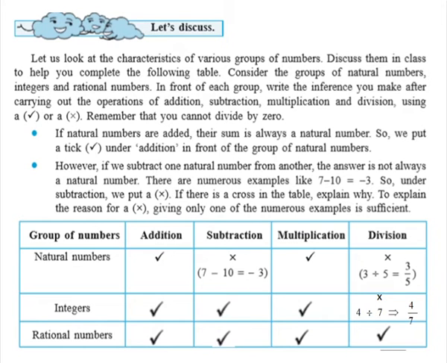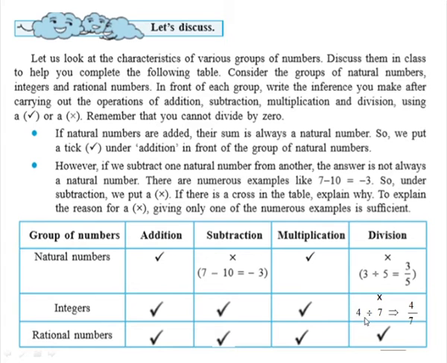Hence, subtraction is also closed for integers. Similarly, when you multiply one integer by another, take any example, negative 5 multiplied by 4, that is negative 20. Negative 20 is an integer. Hence, multiplication is closed in the set of integers.